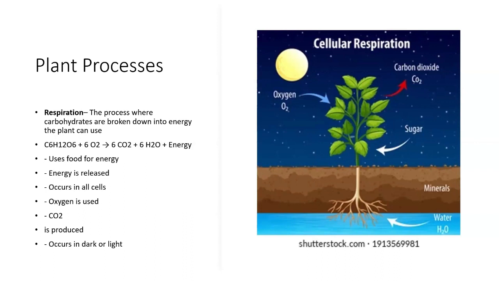This is when the plant is using the food energy that it has stored, and the energy is then released into the atmosphere. In this process, oxygen is used and CO2 is produced.